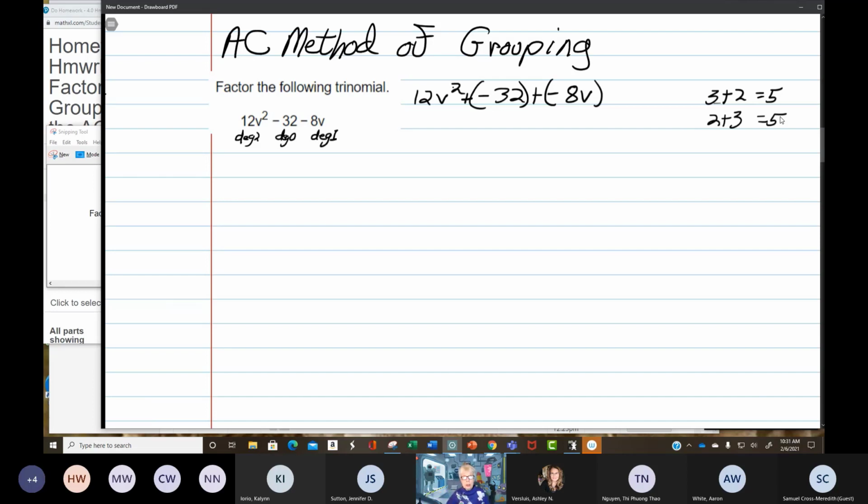Which is why it's so valuable to look at polynomials as having terms separated by plus signs, so you can move these little cuties around. 12v squared plus negative 8v plus negative 32, which is 12v squared, plus times minus is minus, minus 8v, plus times minus is minus, minus 32.